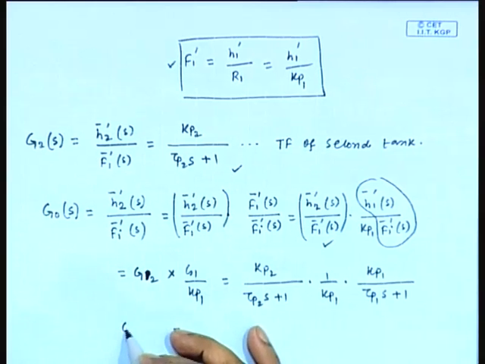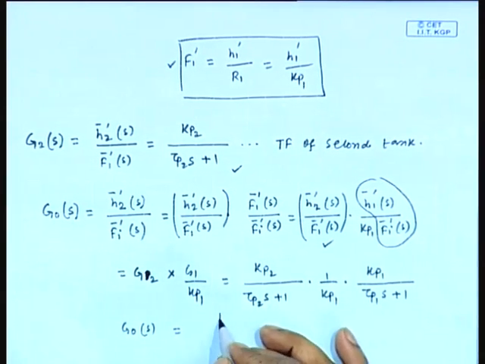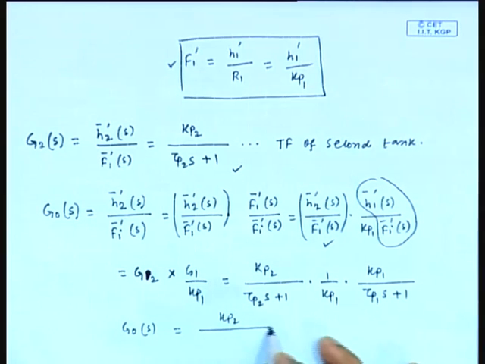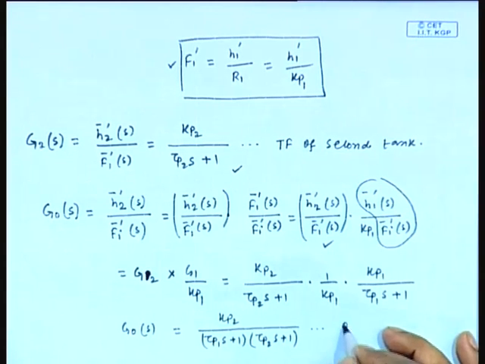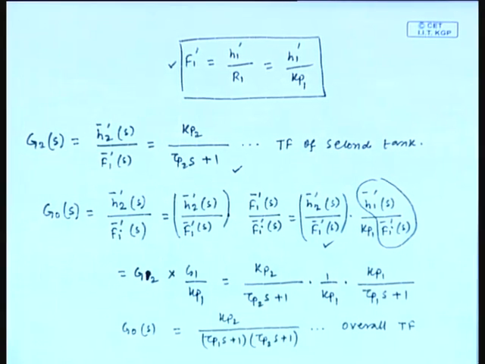So, the overall transfer function G naught S we can write as Kp2 divided by tau P1S plus 1 multiplied by tau P2S plus 1. This is the overall transfer function of the example non-interacting system.